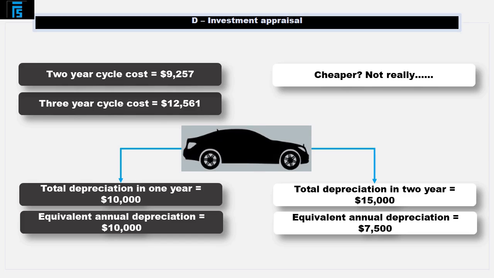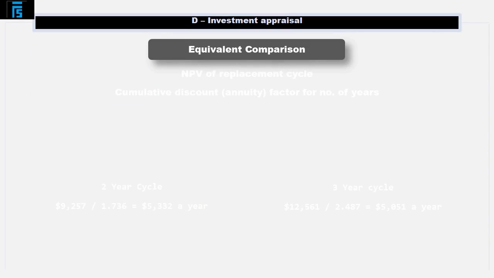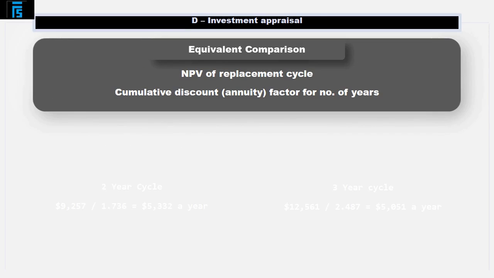So I should in fact replace my car every 2 years. What we've done here is compare the equivalent annual depreciation cost of owning the car for 2 years versus 1 year. The equivalent comparison can be done with net present values by dividing the NPV of a replacement cycle by the cumulative discount factor or annuity factor for that number of years.